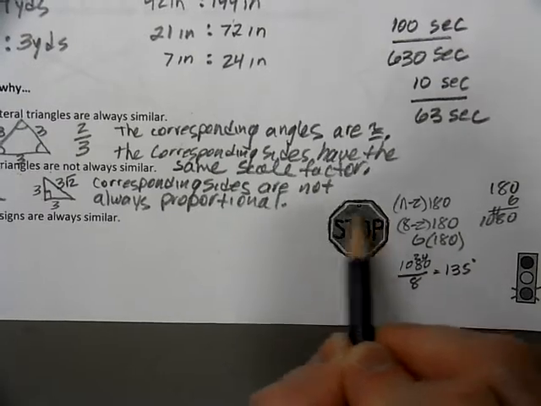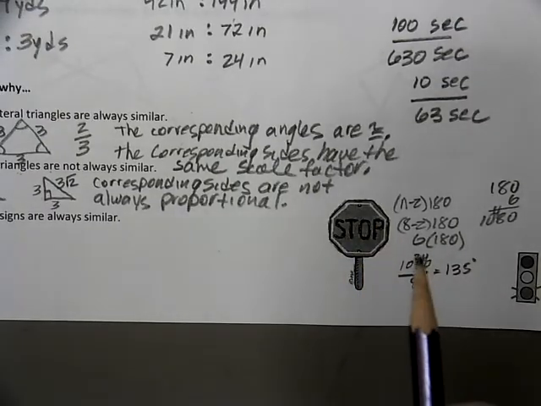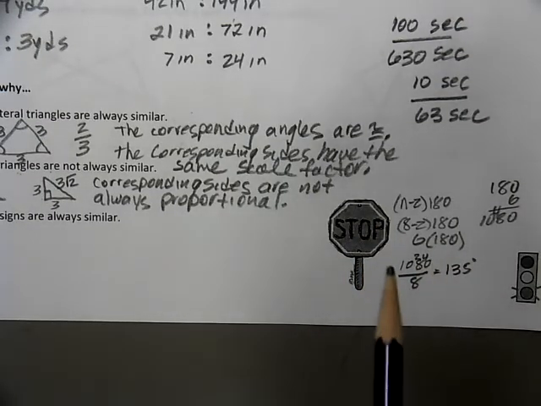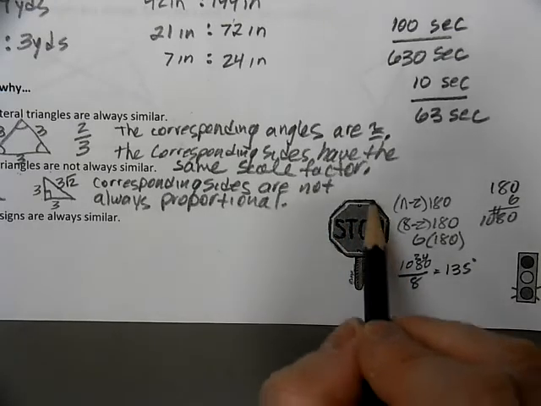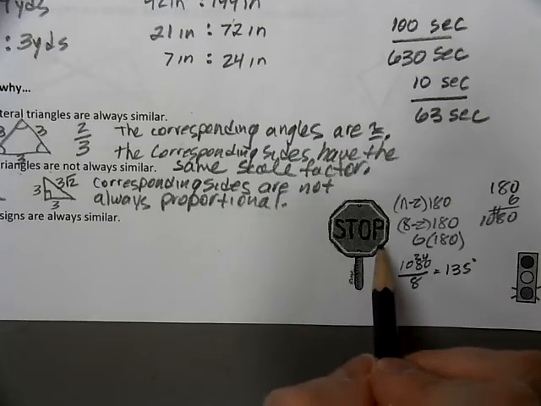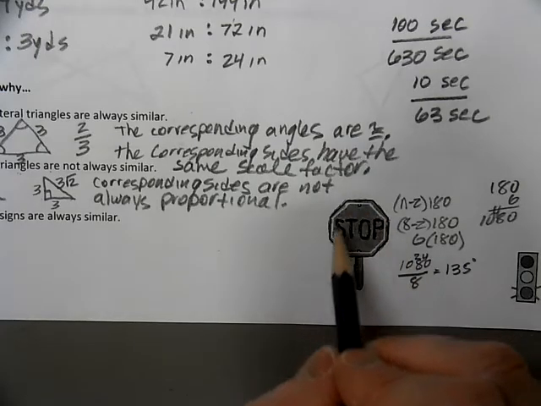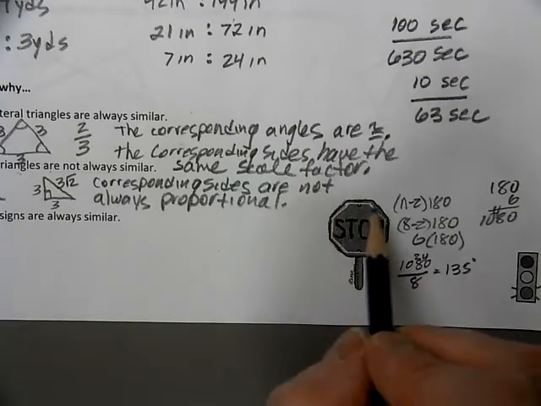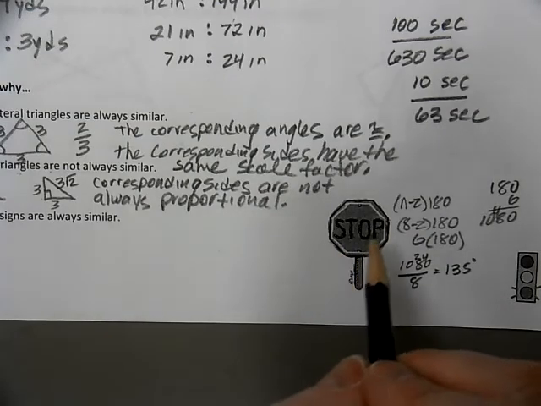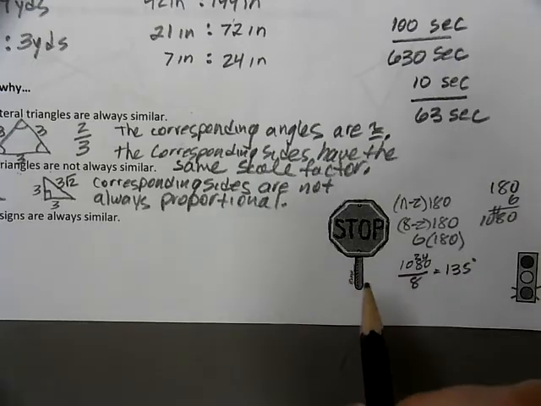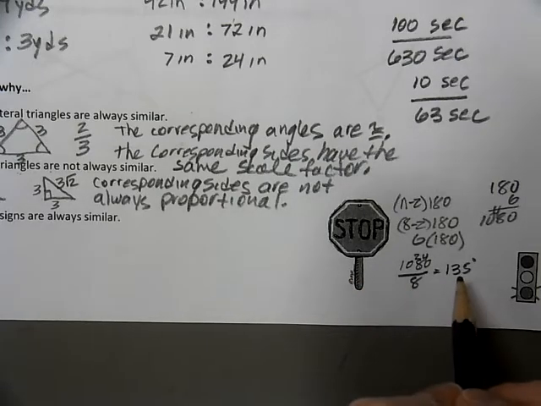They're all congruent. That has nothing to do with sides. So the angles are congruent all the way around, but the sides themselves are also going to be the same length. A stop sign is a regular polygon, and a regular polygon has all equal sides and all equal angles. We calculated what the angles were for all stop signs.